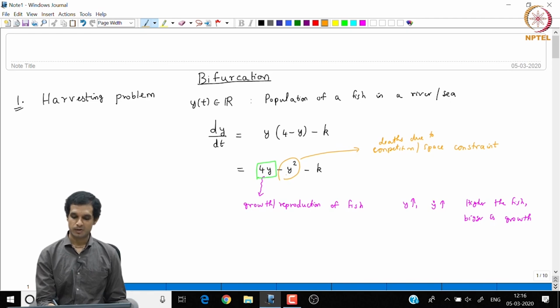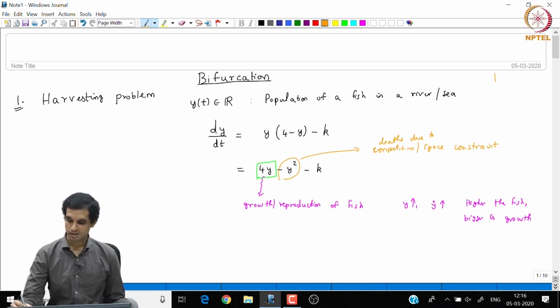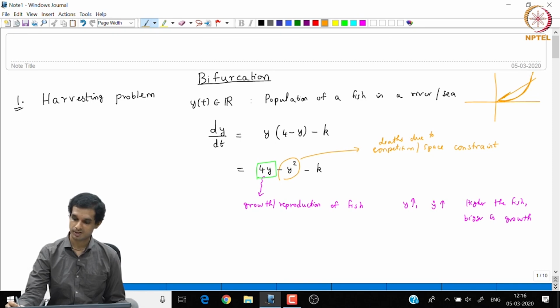And the reason it is minus y square is that the function y square grows much slower than y in the beginning, and only after some time does it take over. If you contrast y square with the linear function y, initially it is much slower. The initial effect of y square is very negligible.